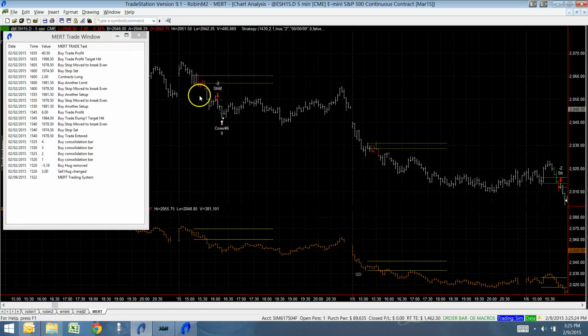However, 5 bars later, it tries to get in again, and it will short 2 at market, but it doesn't like doing that. So the system's programmed that if it does do that, it just dumps them as soon as possible.